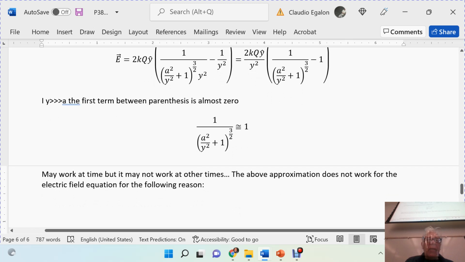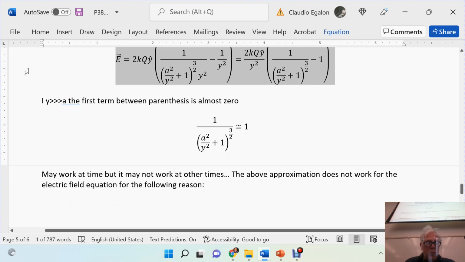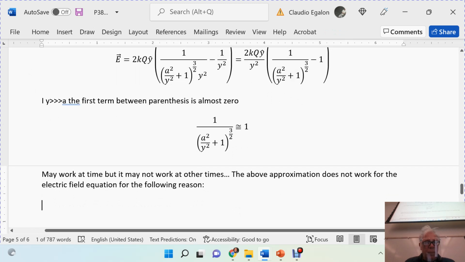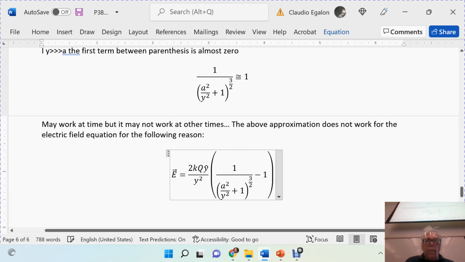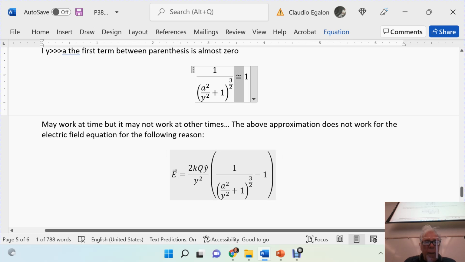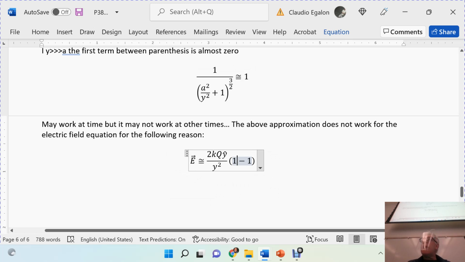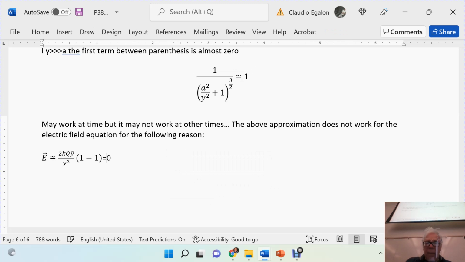When we apply this approximation, what happens to the electric field of the quadrupole? It becomes equal to 0, right? That's what we call the trivial solution.